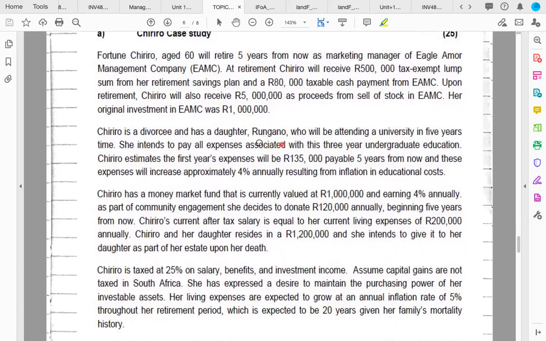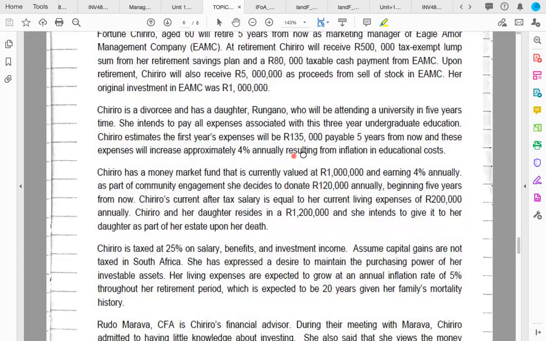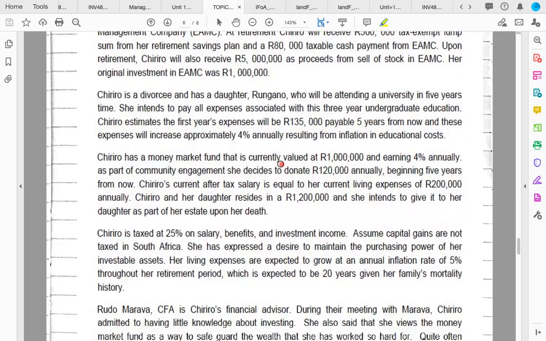She has a daughter, Rungano, who will be attending university in 5 years' time, and she's going to pay all expenses associated with this 3-year undergraduate education degree with her own funds. She anticipates that the first year's expenses will be 135,000 payable in 4 years' time, and these will increase 4% annually at inflation.